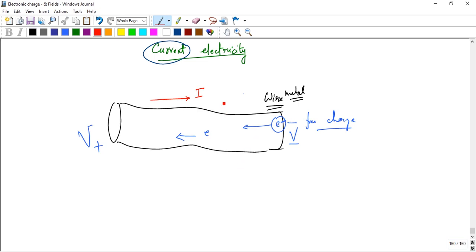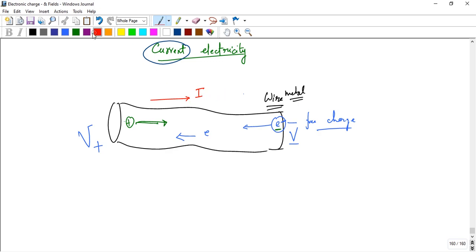And that's the current I. If you consider a positive free charge moving from the plus terminal to the minus terminal, then the current direction and the free charge direction are the same. But if the free charge is negative, meaning an electron, then the electron direction and the current direction are opposite.